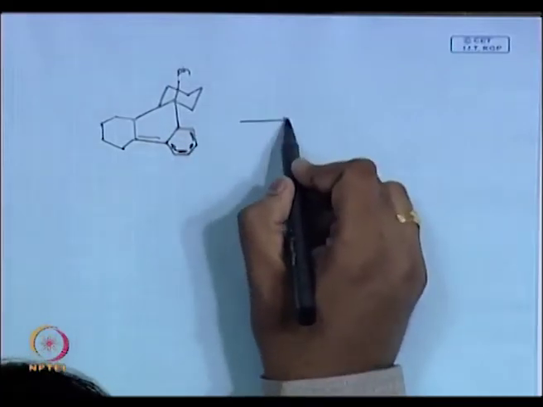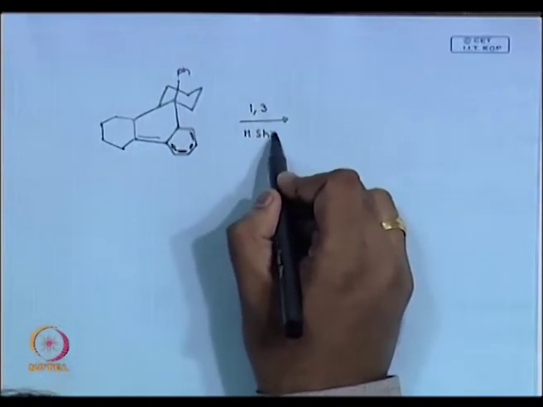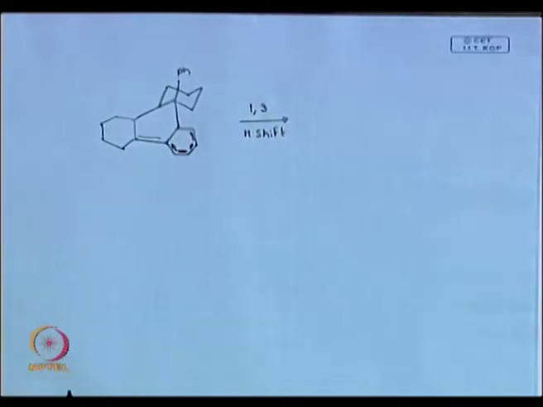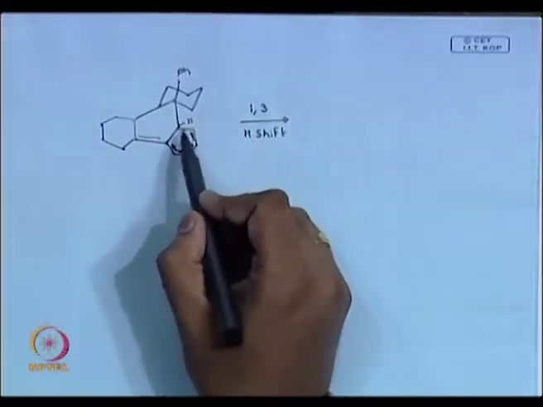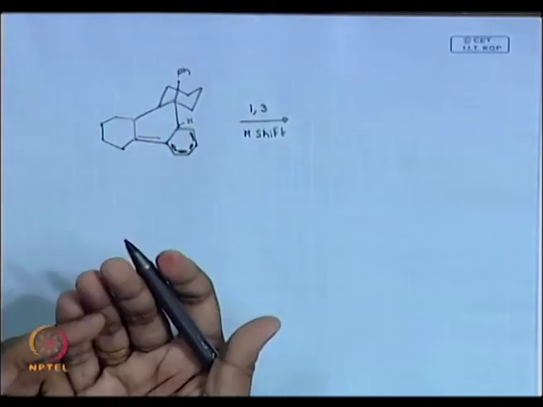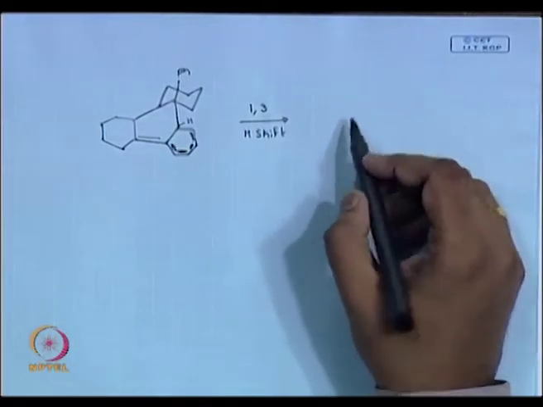Now, just think of doing a 1,3 hydrogen shift, from where? I want to push this nitrogen here, I can move it here, so it can become aromatic, so I can do a 1,3 hydrogen shift, then it becomes a very stable molecule.